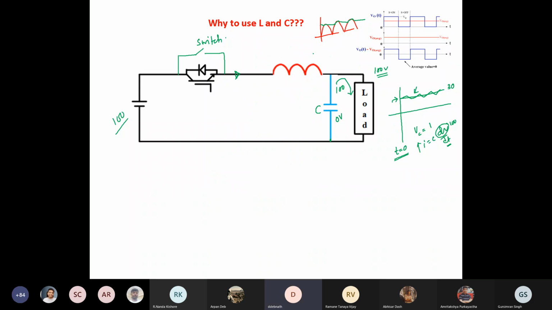Okay, so the capacitor voltage problem we have solved. What about inductor current? Like when the voltage is 0, at that time inductor current has to suddenly fall to 0. So if the switch is suddenly disconnected, then the current would be suddenly 0.